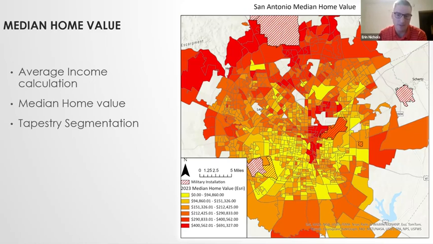These neighborhoods offer mixed affordability and access to amenities, making them a little more attractive for individuals. Neighborhoods on the city's southern and western side are your low to medium home values, typically below 200,000. These homeowners often face economic challenges, but still have the ability to purchase a house.